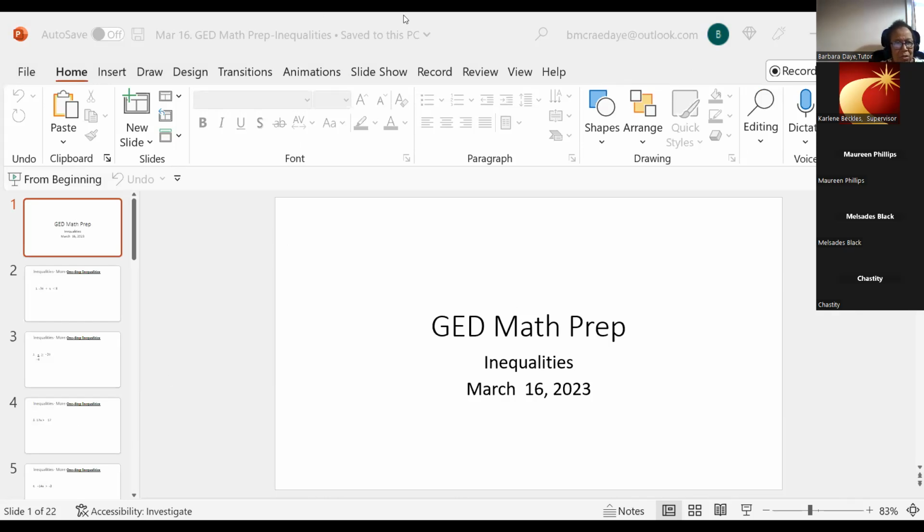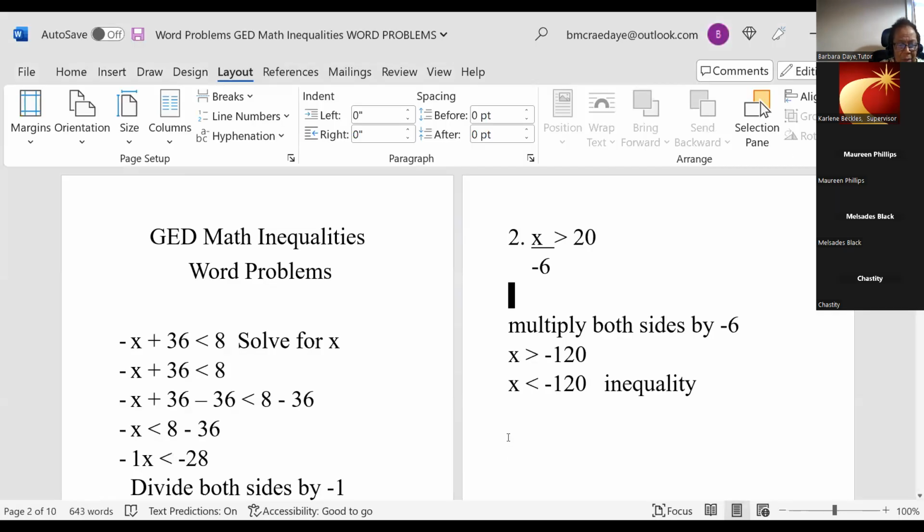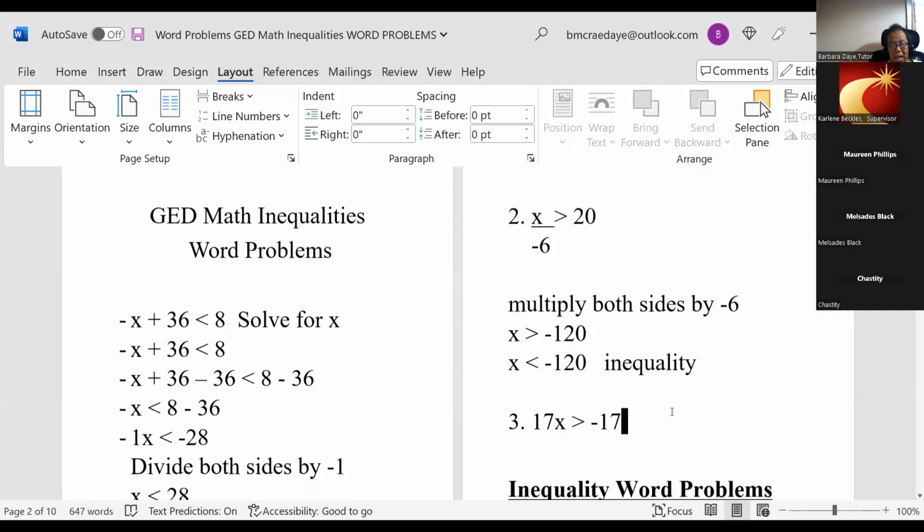Let me do a new share. Okay, this is number 3. I want you to solve this one. 17x greater than minus 17. Solve for x.